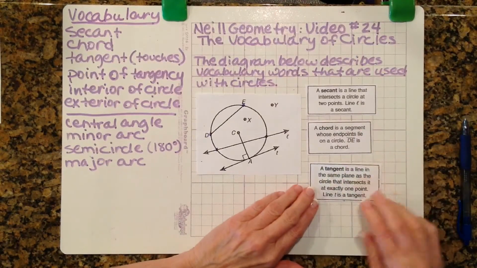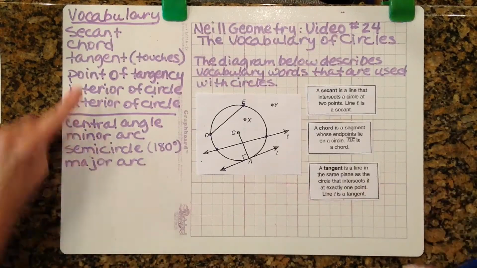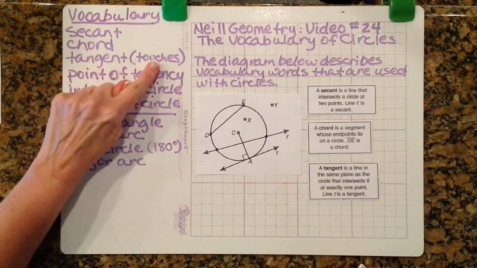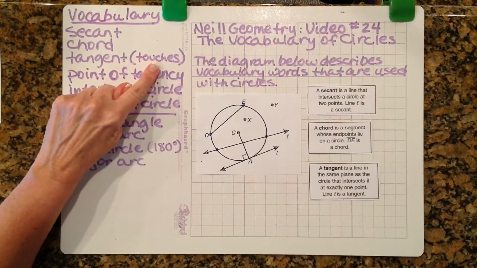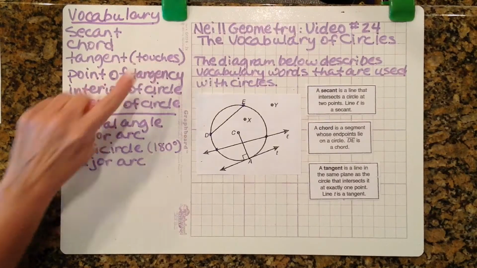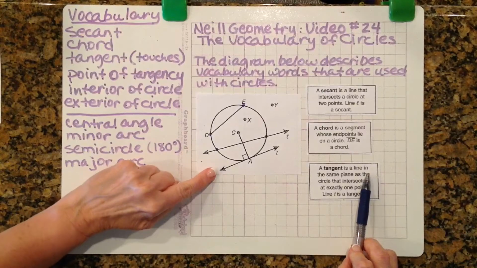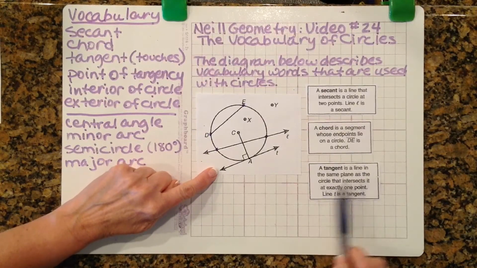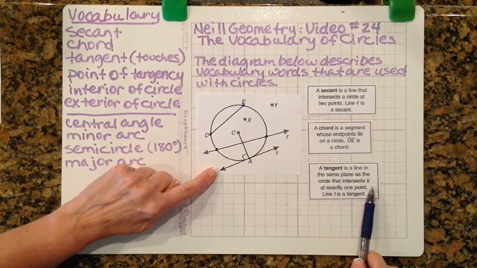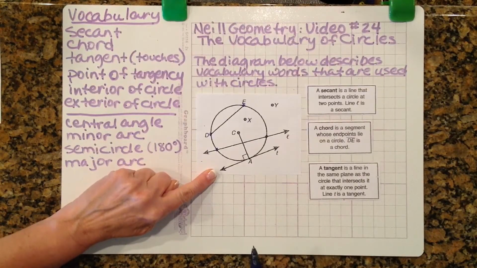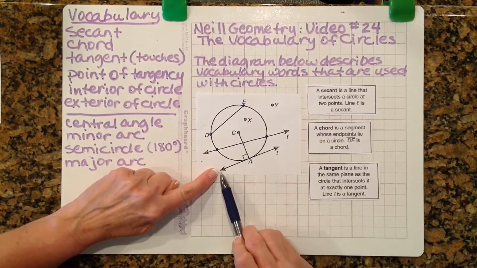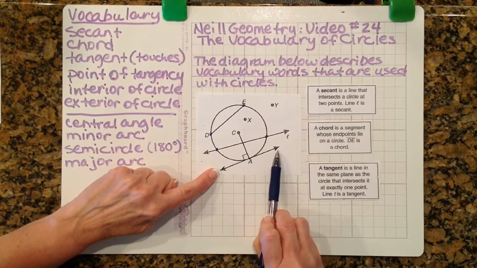Next word is tangent. When you think of tangent, think of the word touches. It's going to touch the circle and then go on. So a tangent is a line in the same plane as the circle that intersects it at exactly 1 point. Line T is tangent. So if you notice, this line is on the outside of the circle.